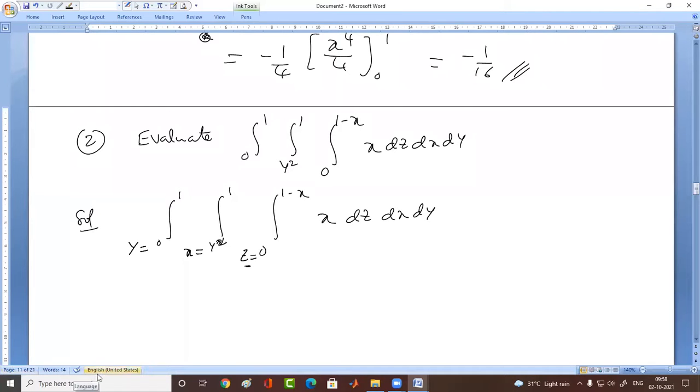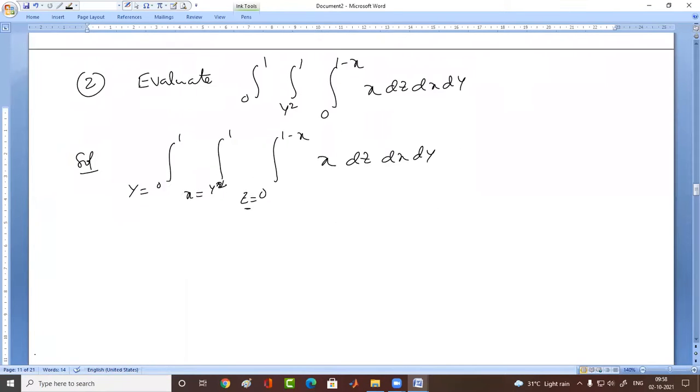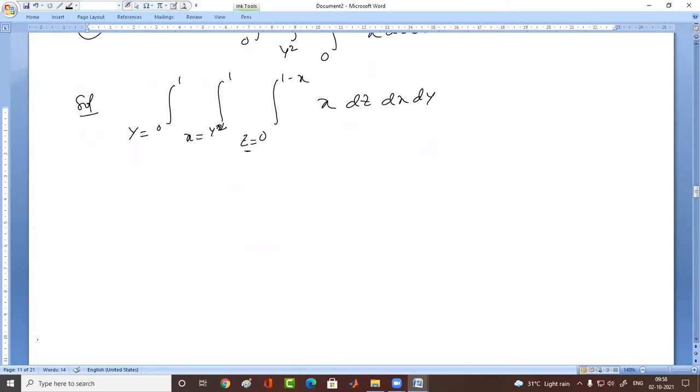Now coming to the integration part. Y is 0 to 1, x is y square to 1, integral of z. Here x is constant, integral dz is z, limit 0 to 1 minus x dx dy.